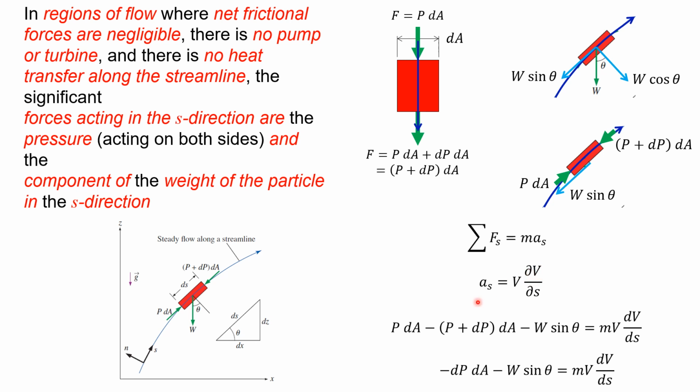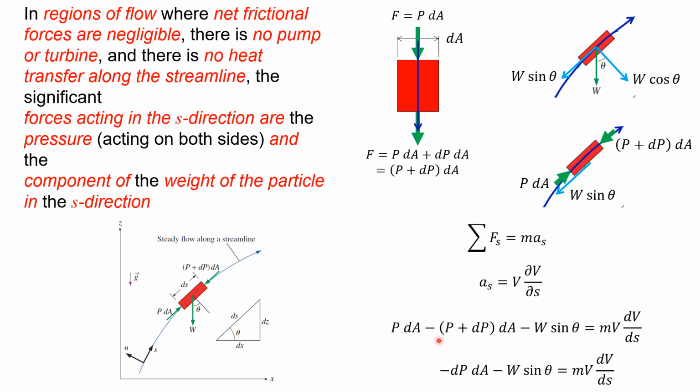Here you can just substitute the values. Force we know. There are two types of force. P dA, and you need to minus because it's the opposite direction. We consider going upward as positive, going downward as negative.